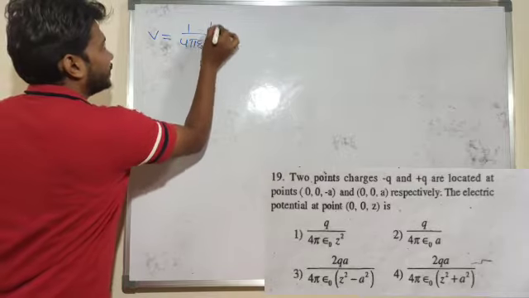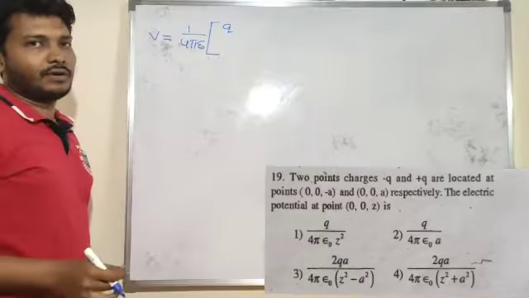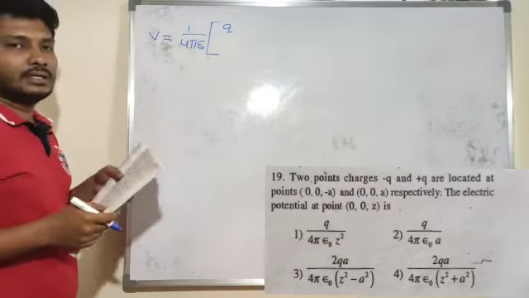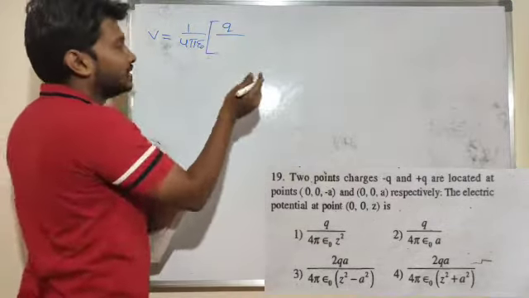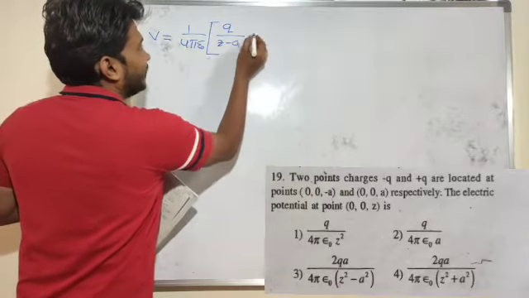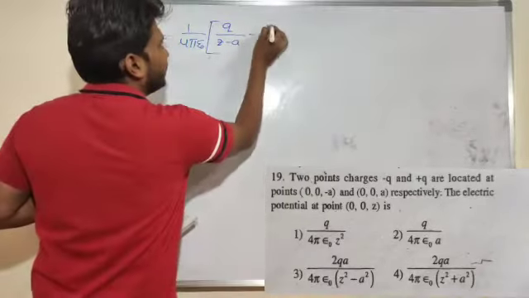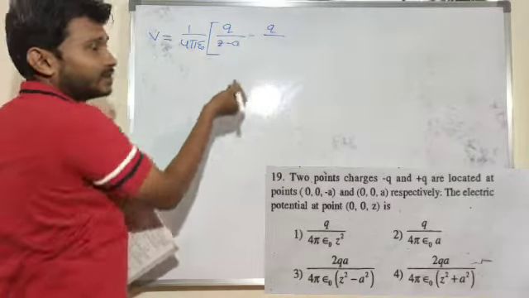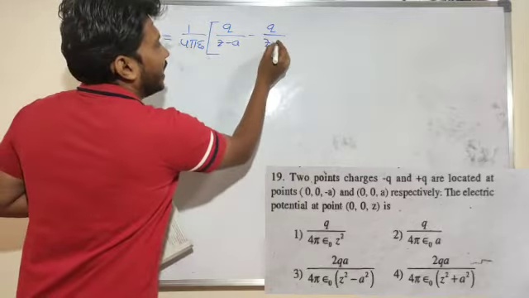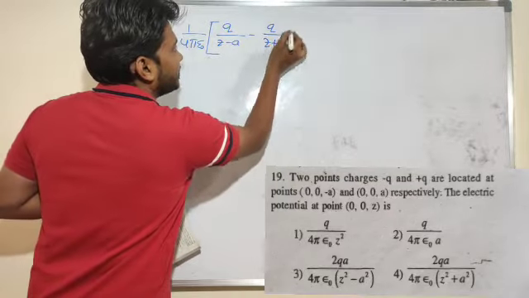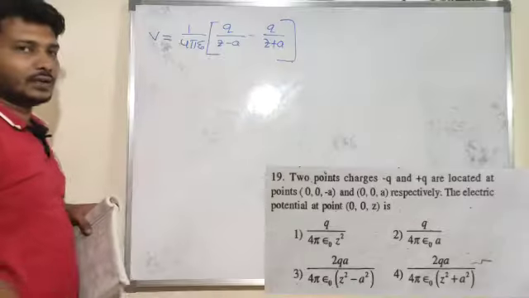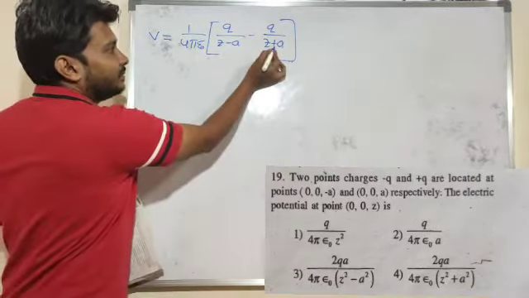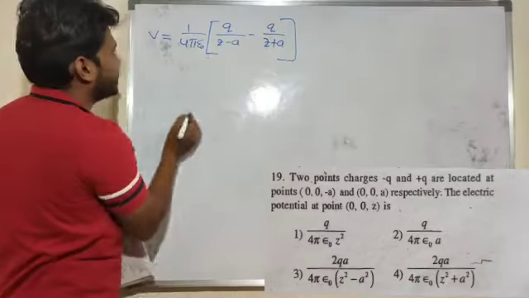For plus q charge, what is the distance here? So from the center, that is z minus a. For the negative charge, minus of minus, so that is plus a here. The negative charge is at a distance of minus a, so minus into minus is plus here.